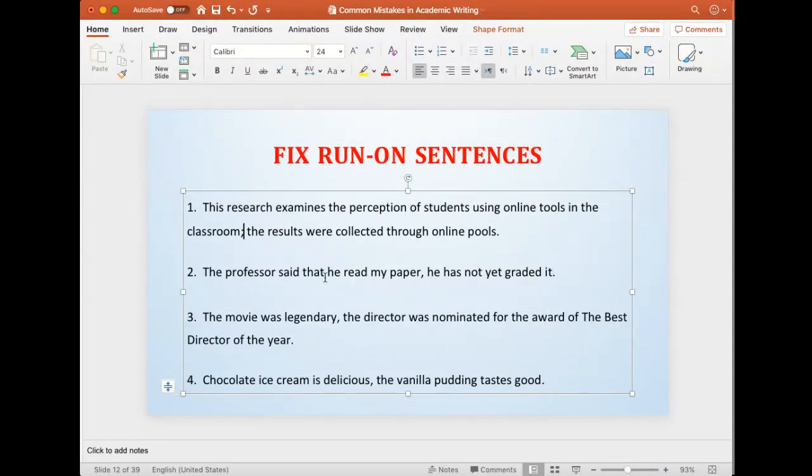Okay. The second sentence, the professor said that he read my paper, he has not yet graded it. So what do you think, guys? Another semicolon would fix the problem. Exactly.